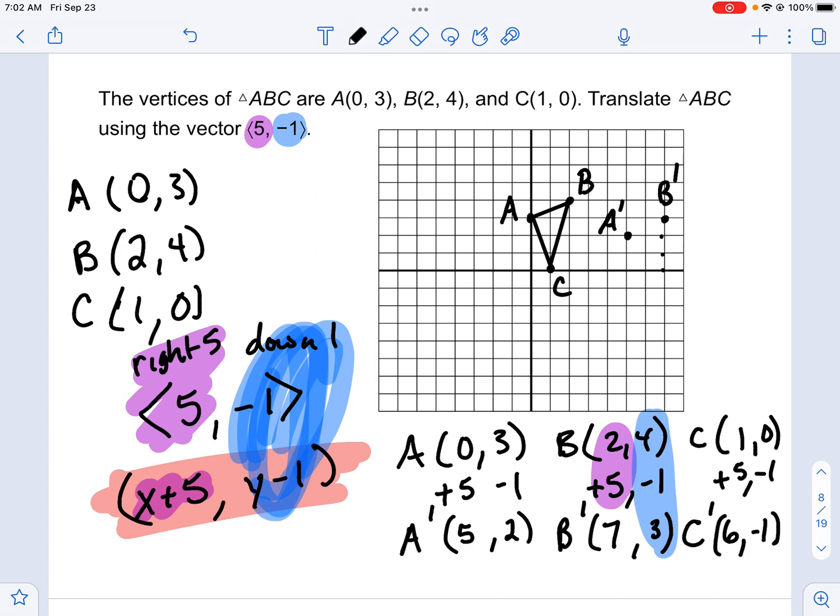And C is at 1, 2, 3, 4, 5, 6. Negative 1. C prime. Now you can check to make sure you did this correctly. Each point should have moved right 5 and down 1. 1, 2, 3, 4, 5, down 1. Right 1, 2, 3, 4, 5, down 1. 1, 2, 3, 4, 5, down 1. Okay, cool. We did the correct slide.